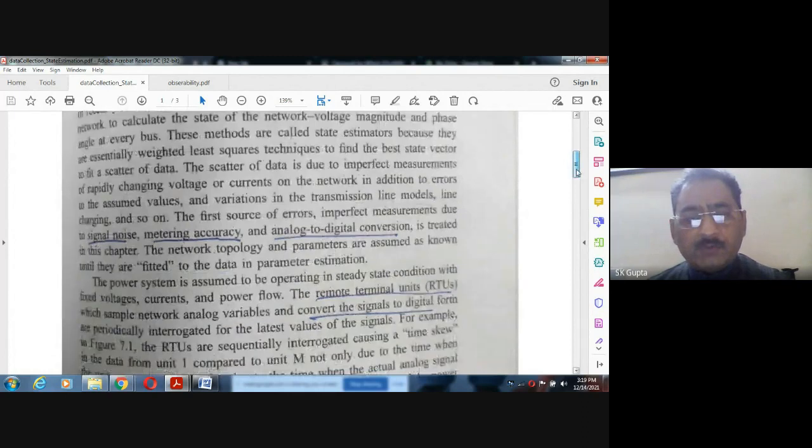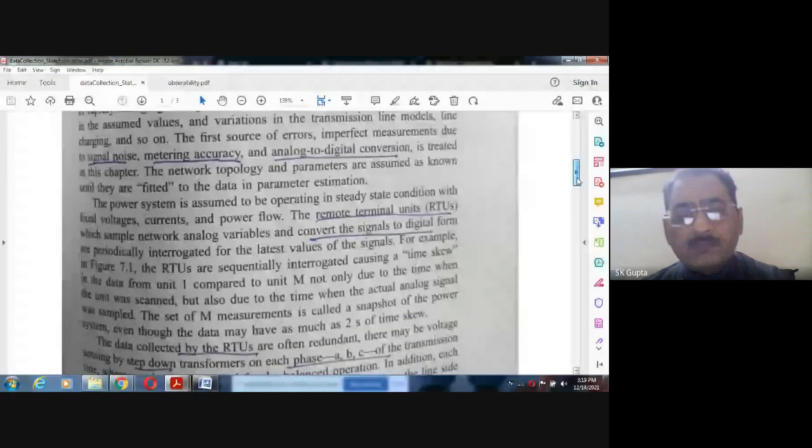Sometimes digital information is there, sometimes analog information is there. Say if we want to measure voltage, it will be analog. If we want to note down the condition of the transformer, whether any terminal is open or not, then it is a digital signal.